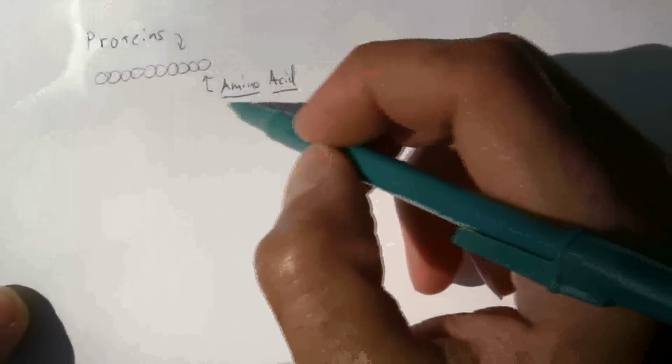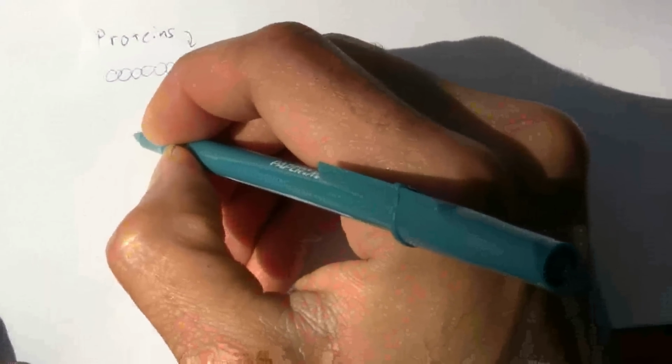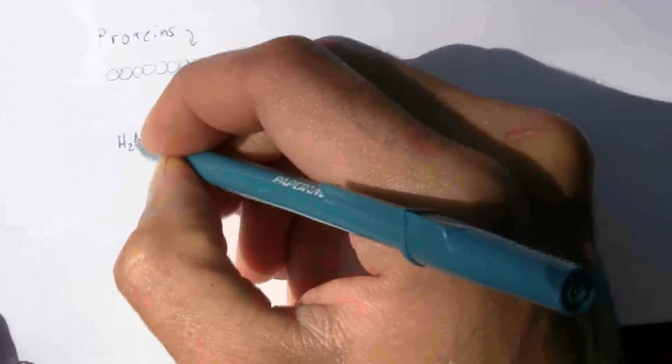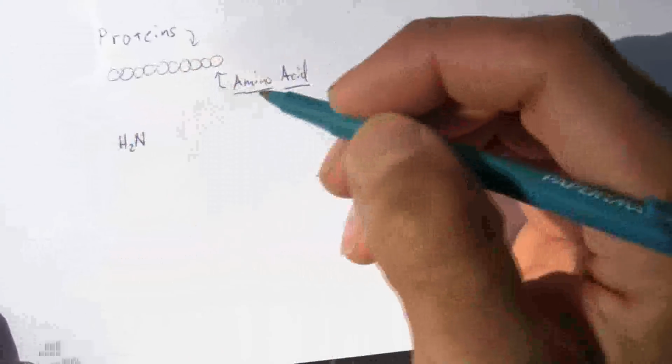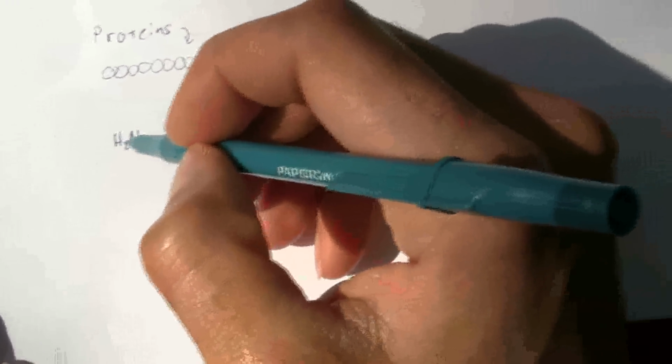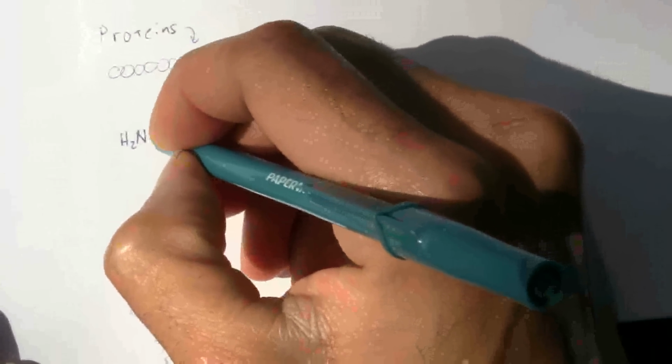It has an amino group and an acid group, and they're in a particular arrangement. So an amino group looks something like this. It has that nitrogen with two hydrogens attached to it. Many times, depending on how it's written, you'll see it on the other side, NH2. It's the same thing.